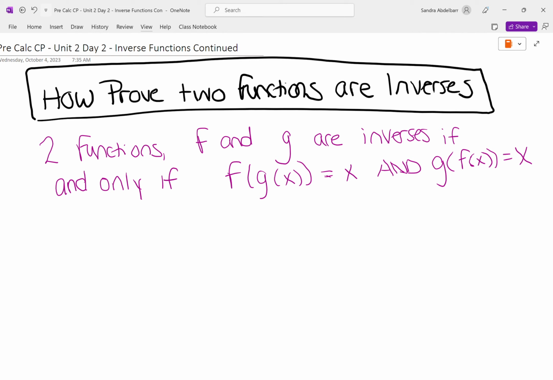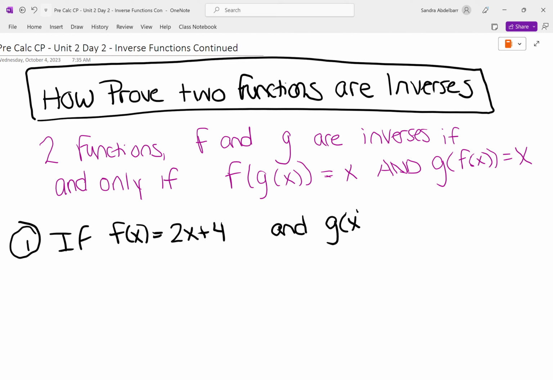Okay, so let's do a problem. If f of x is equal to 2x plus 4 and g of x is equal to a half x minus 2, are f of x and g of x inverses?